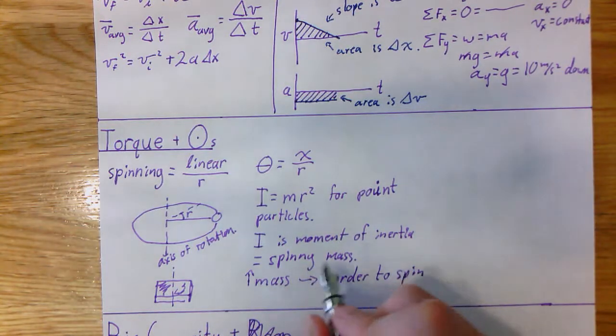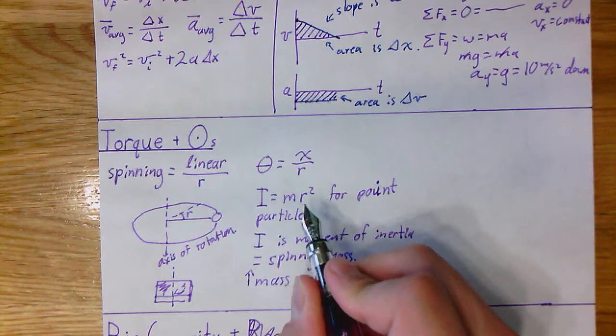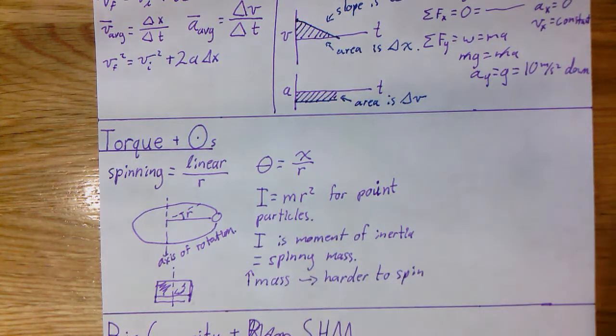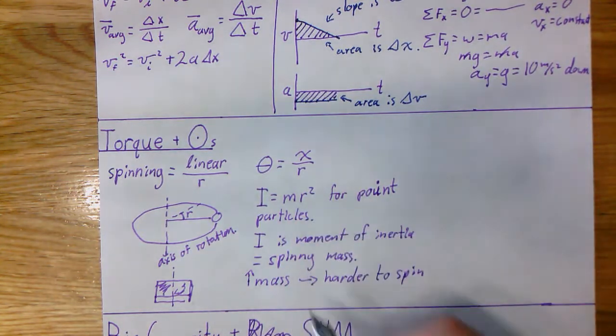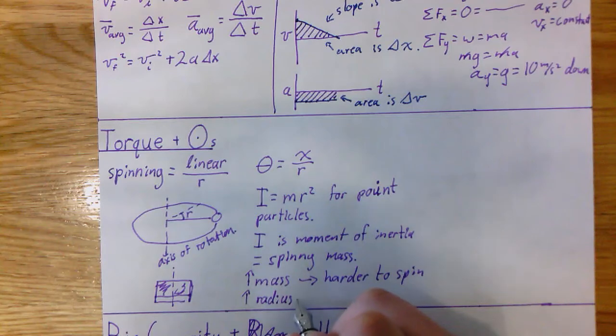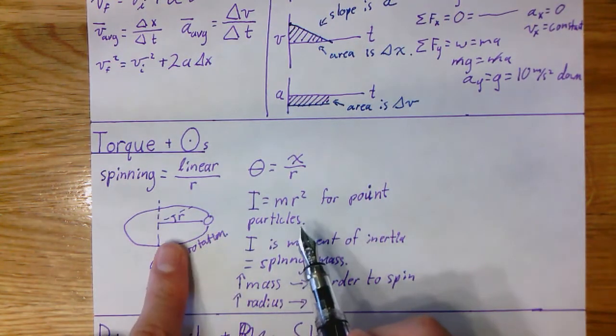And then r squared. Because the r is squared, changes in radius are more important than changes in mass. If you move something twice as far, that's way better than making something twice as heavy because of the squared right there. So more radius, that means that we take this thing and just move it farther from where we're spinning around.